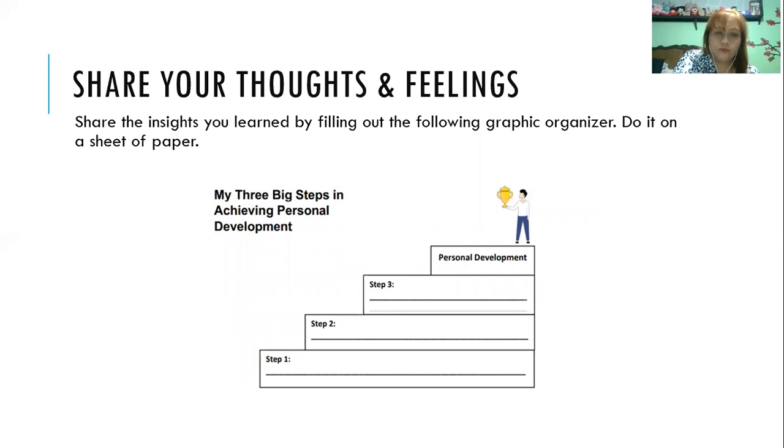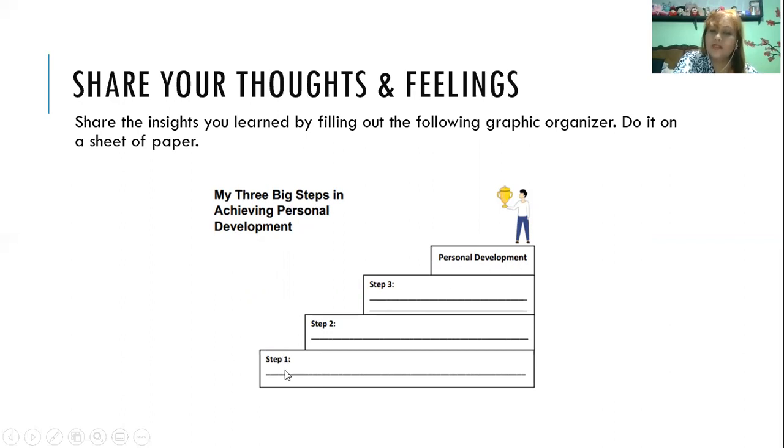This is about sharing your insights, following this graphic organizer. This is the last part. After the pledge of commitment, there are three big steps in achieving personal development: step one, step two, step three, and then you're going to attain your personal development.